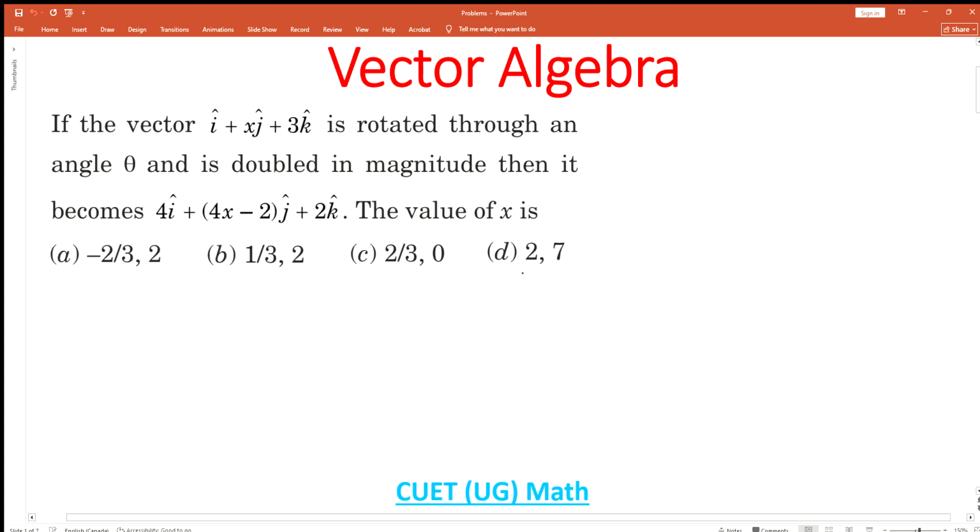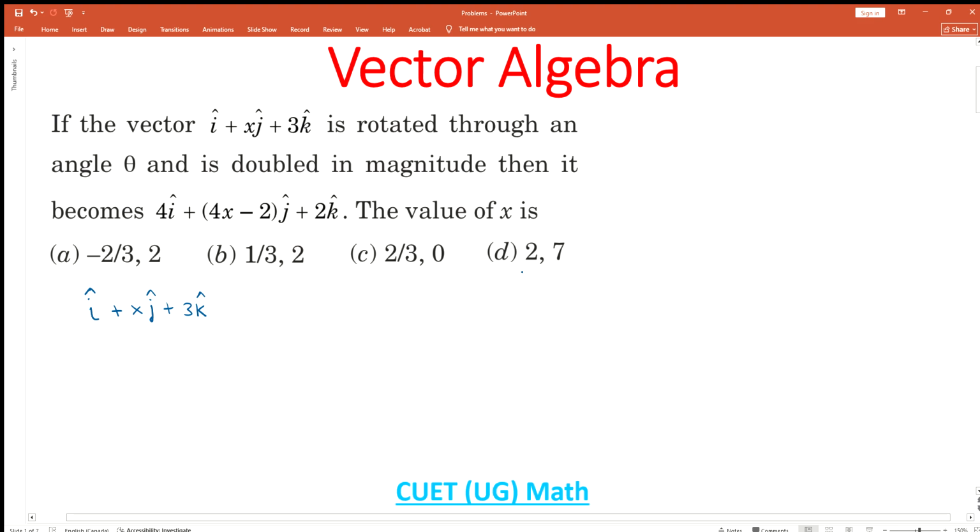Let's start by analyzing the given information. We are given vector i plus xj plus 3k, and this vector is rotated through an angle theta and is doubled in magnitude.